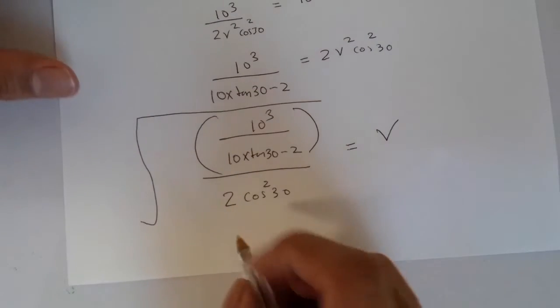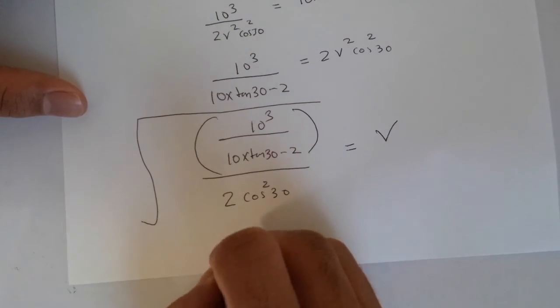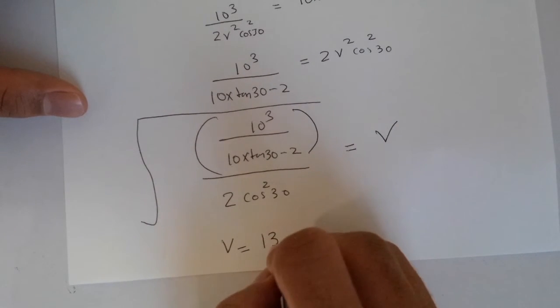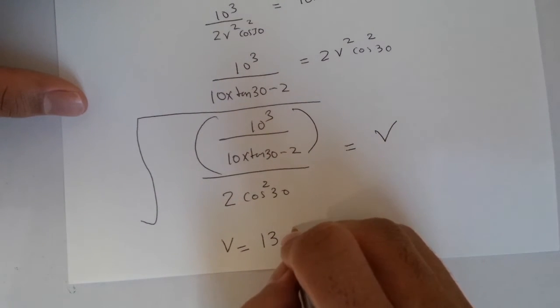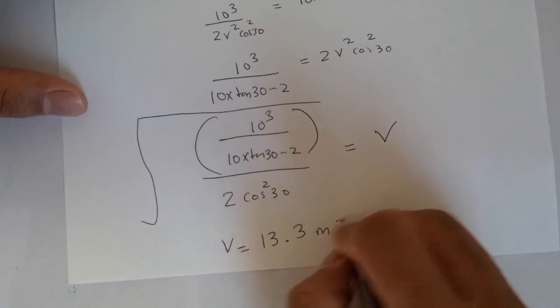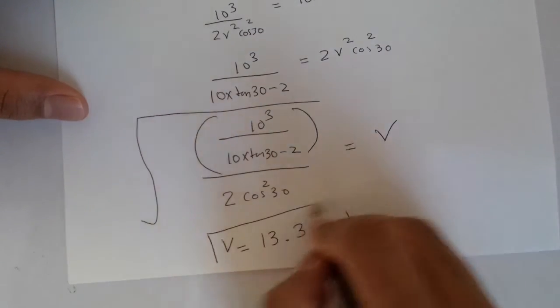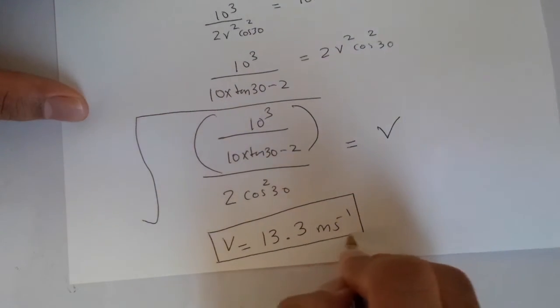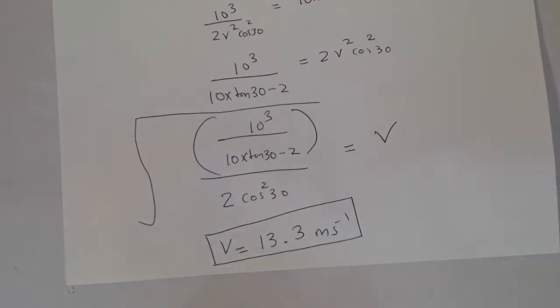You should be getting v as 13.3 meters per second. This is the first part.